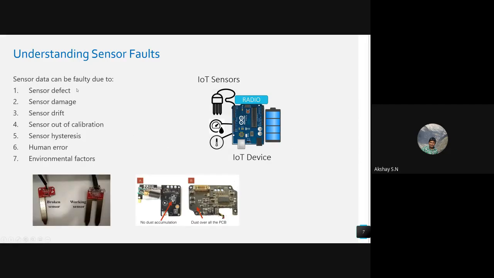It could be sensor defect, sensor damage, sensor drift because of wear and tear, the sensor going out of calibration, or human error. Or even environmental factors like dust or mud covering the sensor. Because of all these, and numerous other reasons, sensors go bad. And when sensors go bad, the data the sensor generates also goes bad.